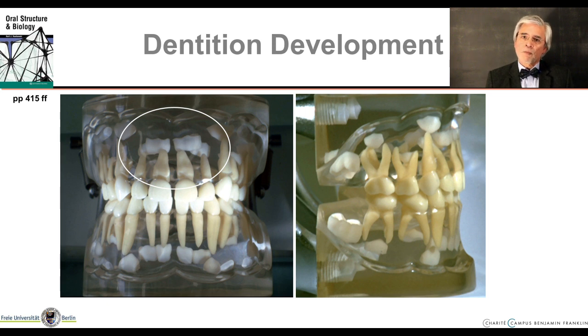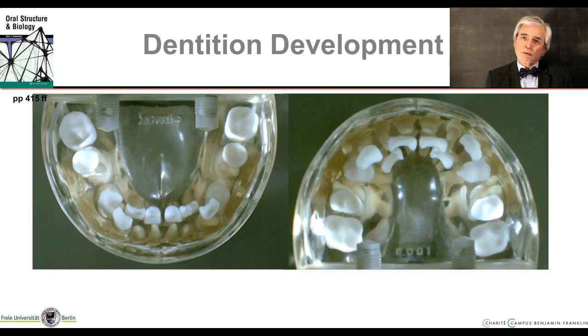In the occlusal view, you can see very nicely on these transparent models the position of the incisors before they erupt. But normally, the maxilla should also become wider, and then the teeth should find enough space for a proper alignment after eruption. If the transversal development of the maxilla is not sufficient, this crowded position of the tooth germs will not get any better during eruption, and then orthodontic intervention is required.